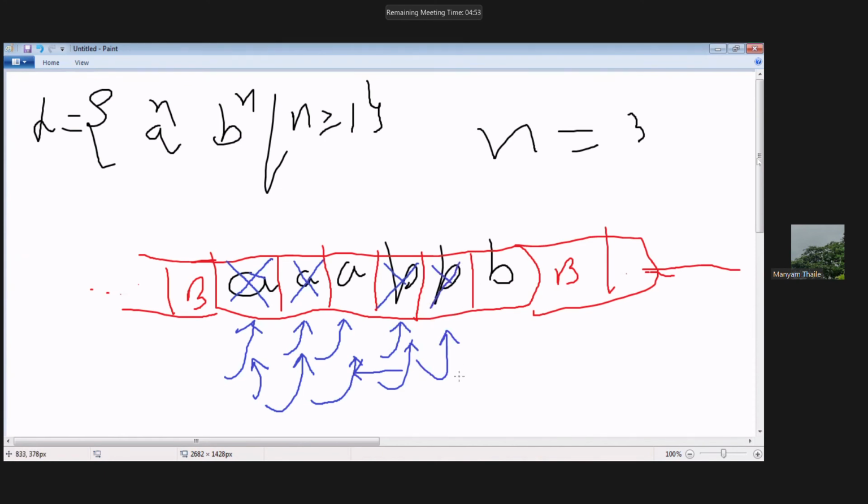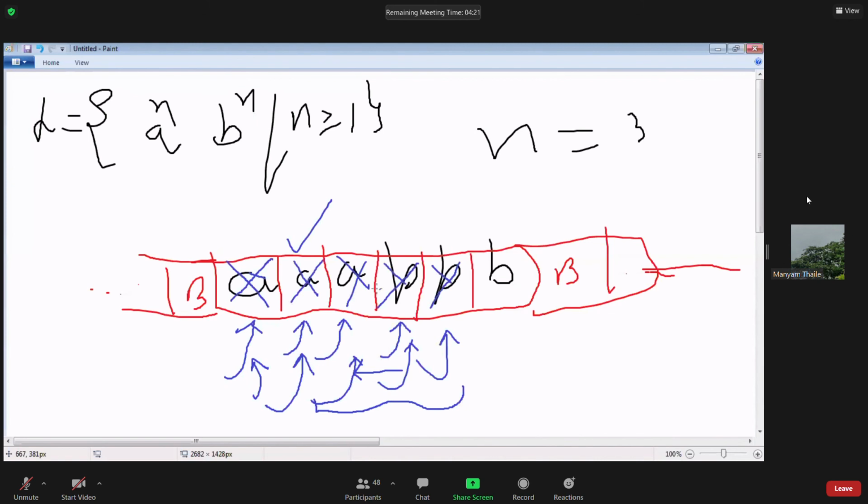Now again come to the first X. After the second B, this is the first X. Now again turn right and make it X. Immediately after marking the last A, we are counting Y. That means here we don't have any A's.